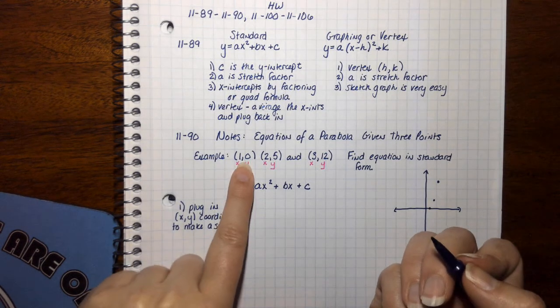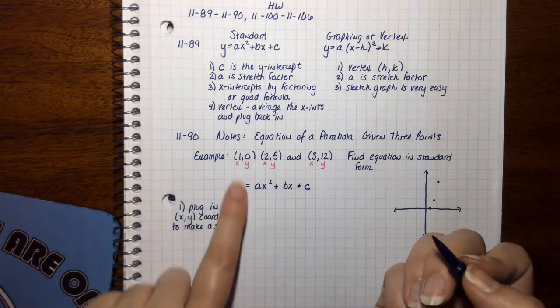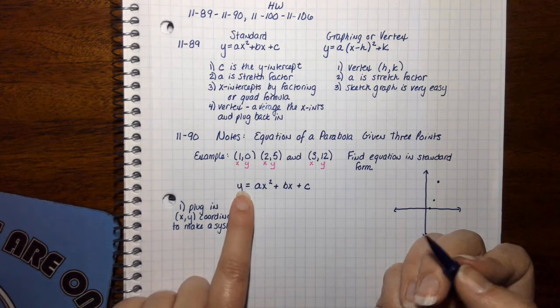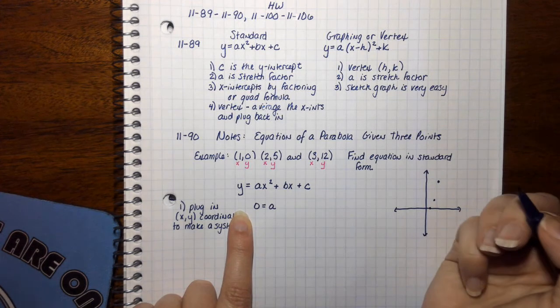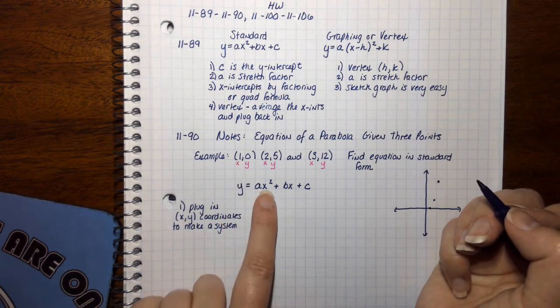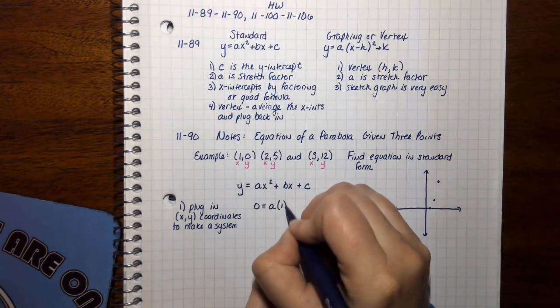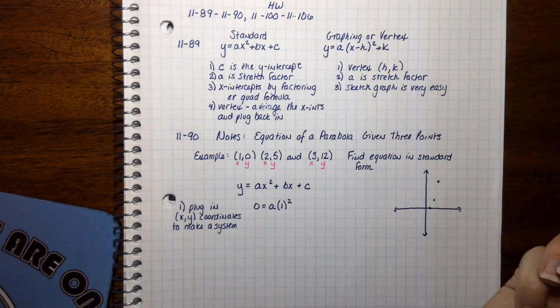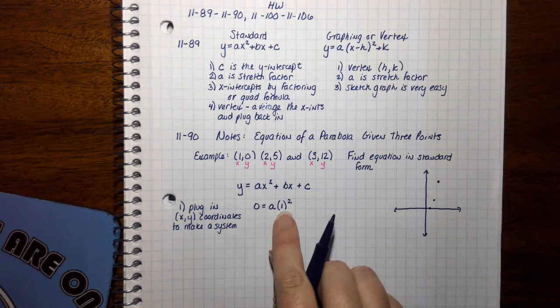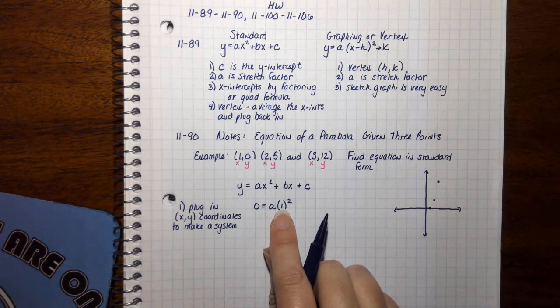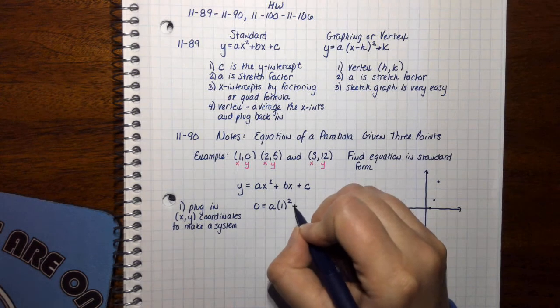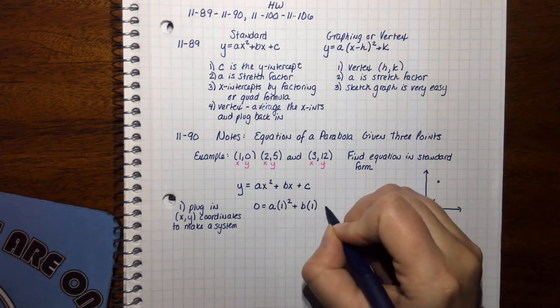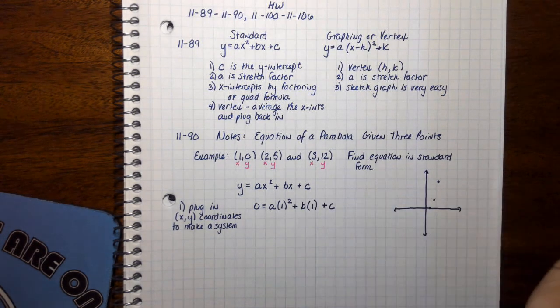So I'm going to take this first coordinate, (1, 0). y is going to become 0. So I have 0 equals a, and then x is going to become 1. And I want you to specifically write it like this, where the exponent is outside of parentheses for that 1. So plus bx plus c.